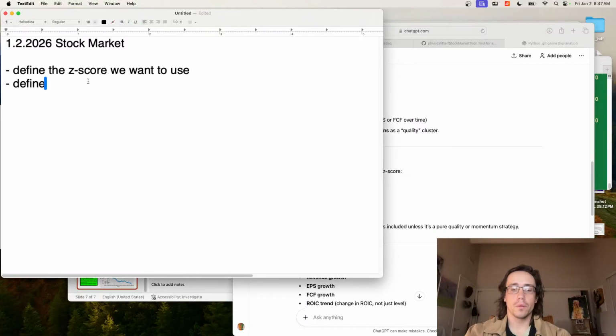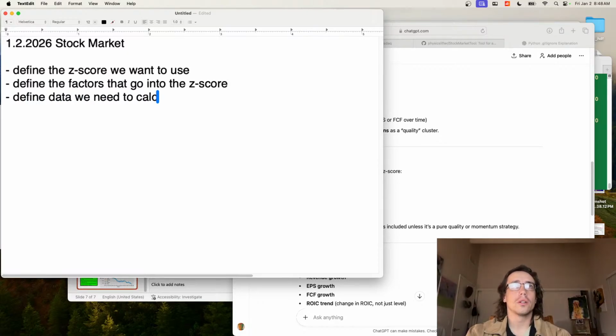Okay, define the z-score we want to use, define the factors that go into the z-score, and then define the data we need to calculate the factors, get all data from the site, and then combine data into a single data set.